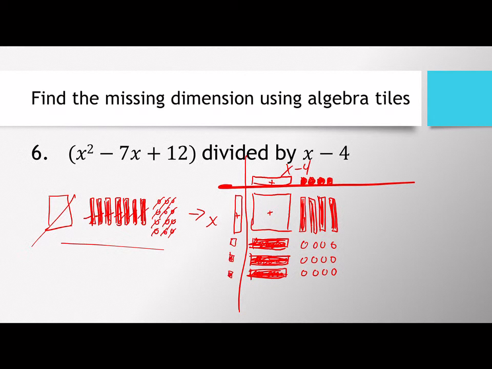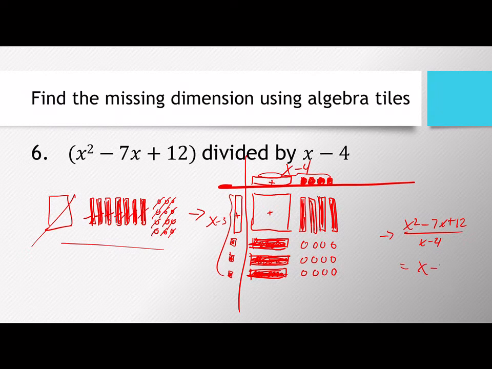So that means that we have x minus 3 here. X minus 4. Therefore we know that x squared minus 7x plus 12 over x minus 4 is equal to x minus 3.